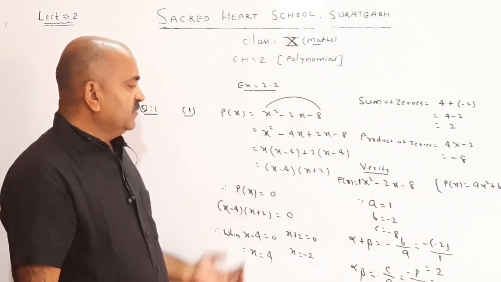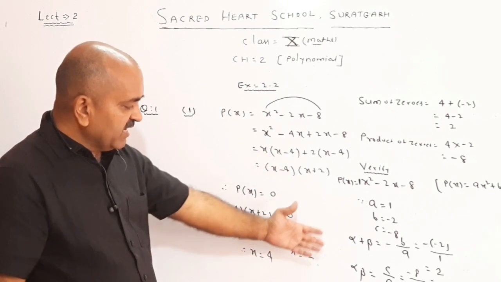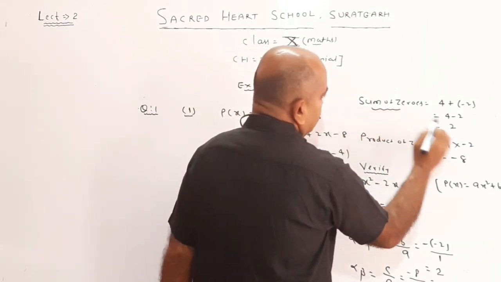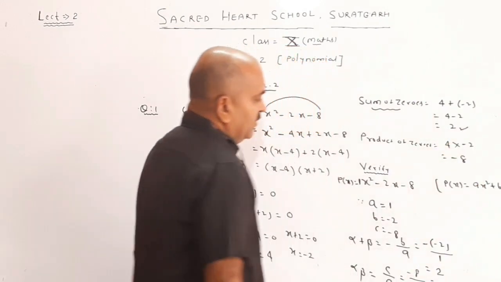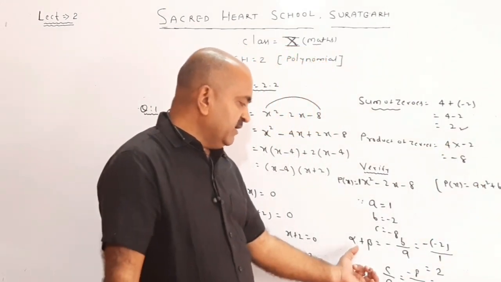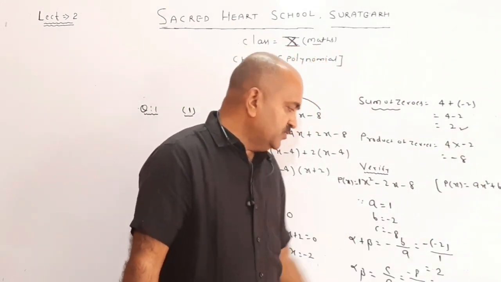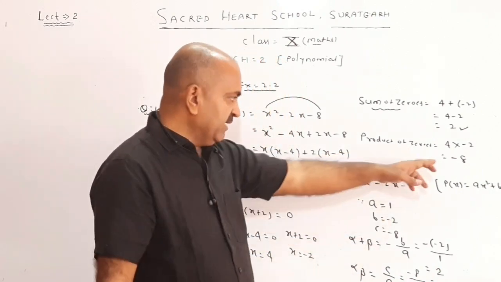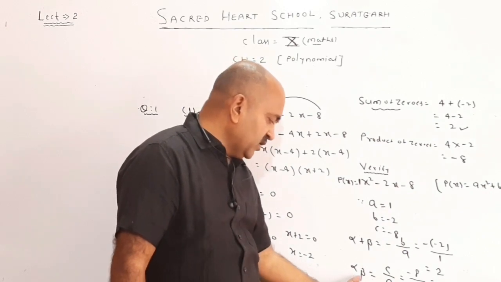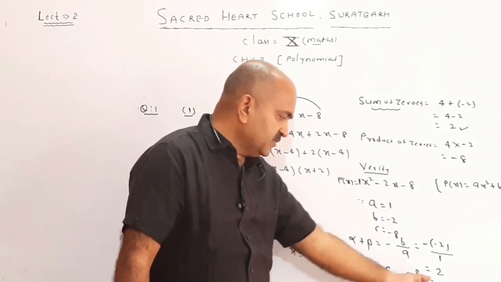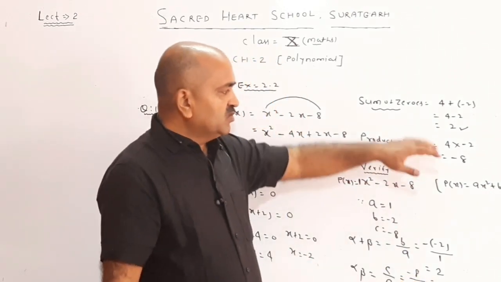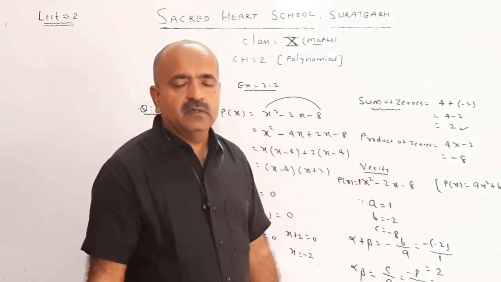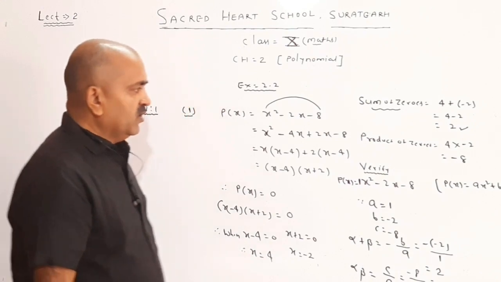Students, now we check this question. What is the sum of zeros we obtain? 2. And here alpha plus beta, sum of zeros, is also 2. What is the product of zeros? Minus 8. And here product of zeros alpha beta, c by a, is also minus 8. Students, if both are the same, it means our answer is correct.